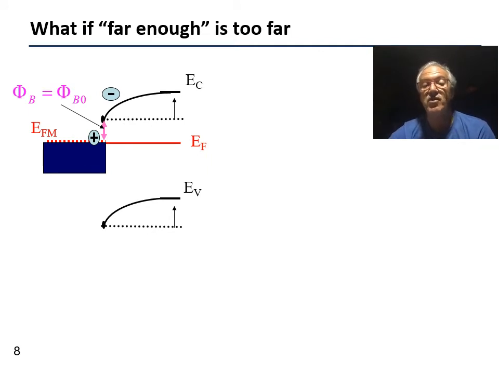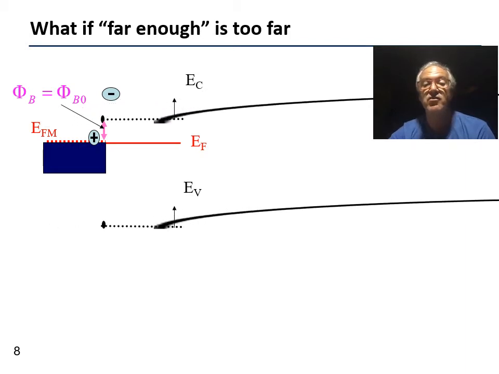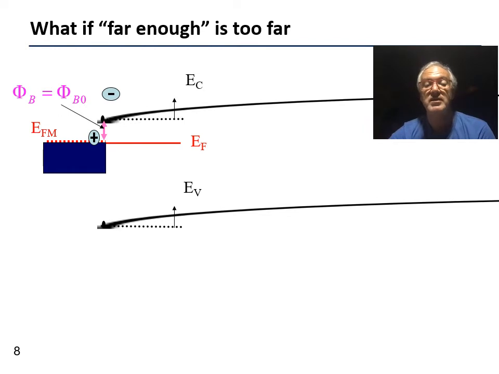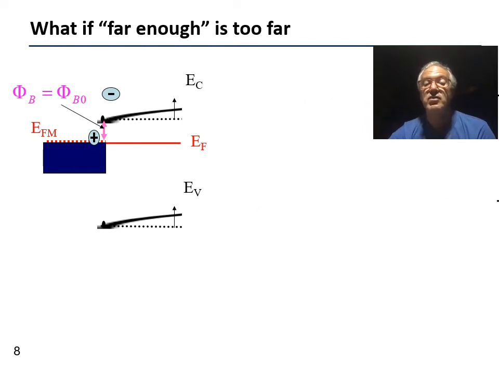So if you like, graphically we can look at what will happen if far is too far, and we just do it like that. And if a device is short, we often will have a situation where the bands seem to be straight.